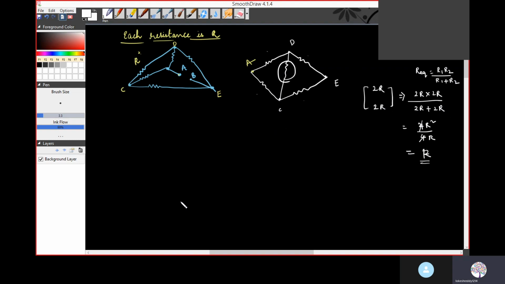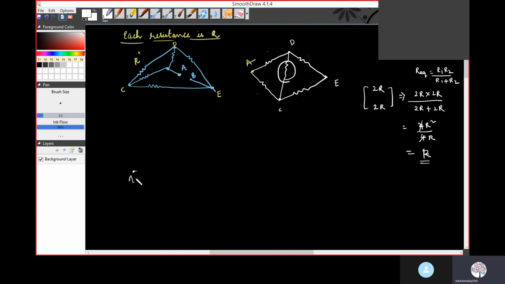So again, you will have a lot of problems based on Wheatstone bridge and further equivalent resistance in the circuit. One model I will tell you.